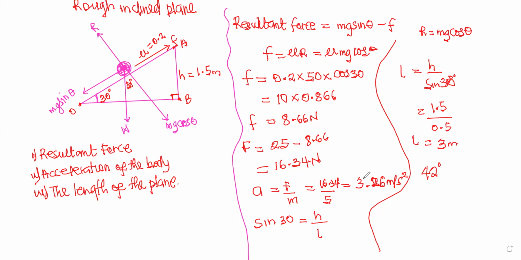B-II, the acceleration with which the body moves. Take G to be 10 meters per second squared.